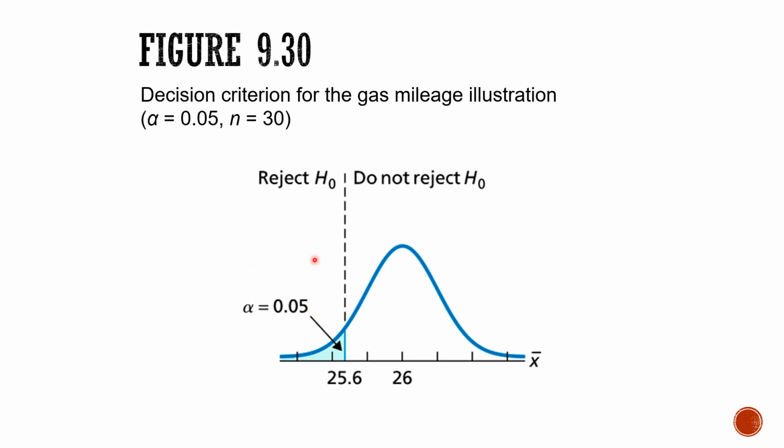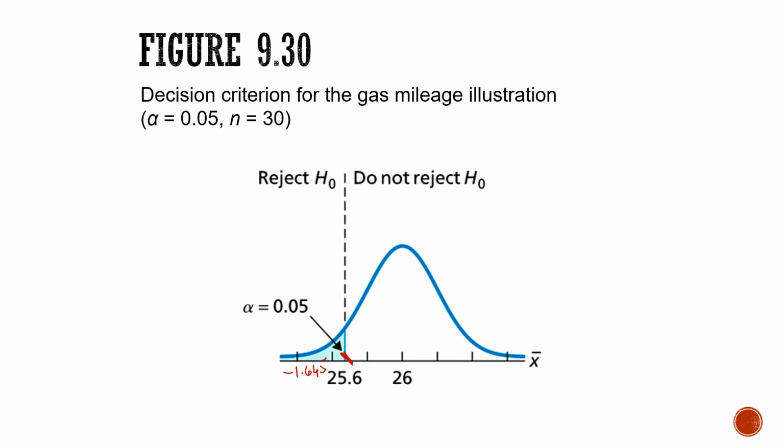The area under the curve corresponding to the reject region is alpha equals 0.05. What they have here, however, is not the minus 1.645. Previously, we found the cutoff, the CV, was negative 1.645.